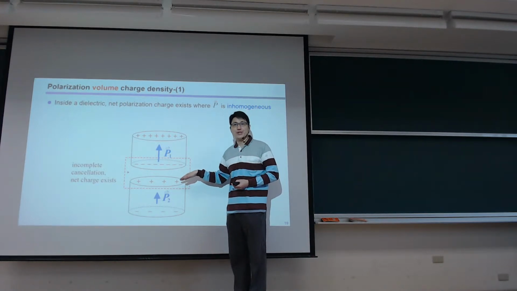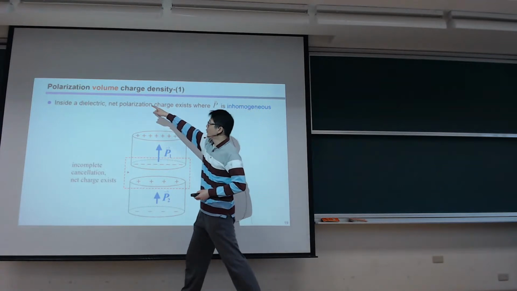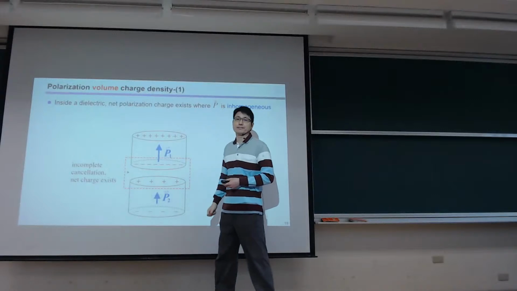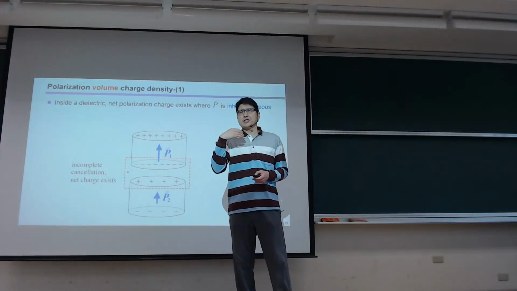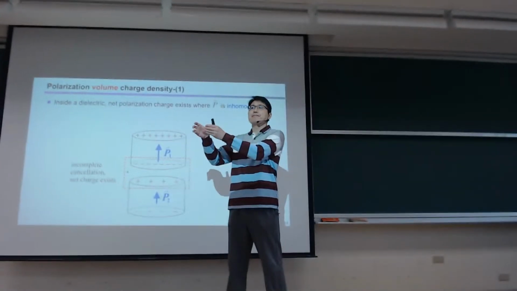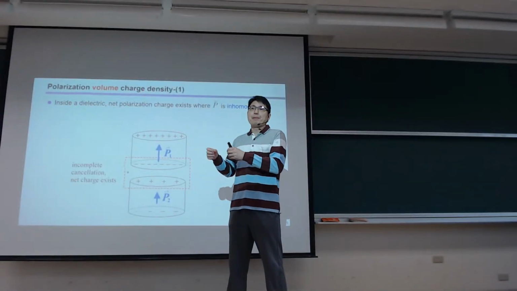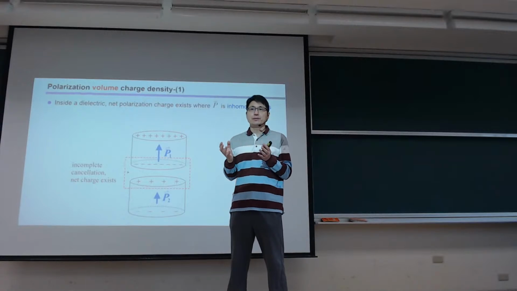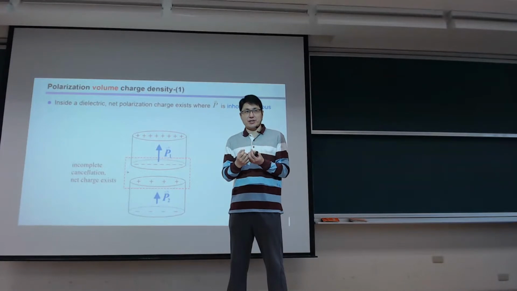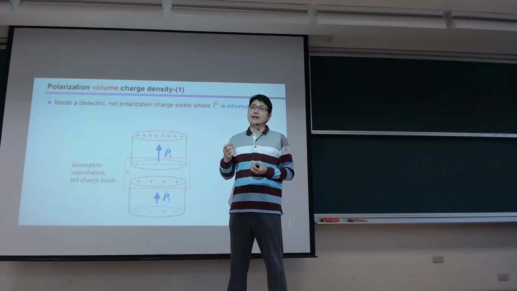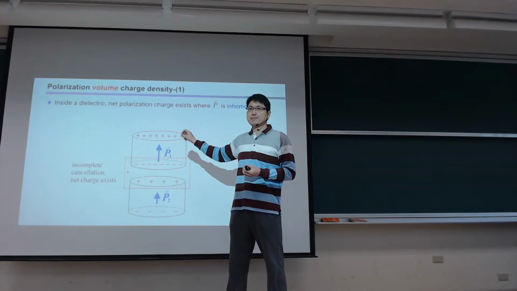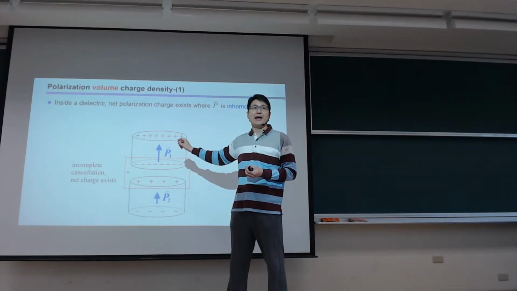And that is the origin of the volume polarization charge density. So this is telling you, if I have multiple components making up this material, I have an inhomogeneous material. Then, inside the material, I can always expect to find net charges.